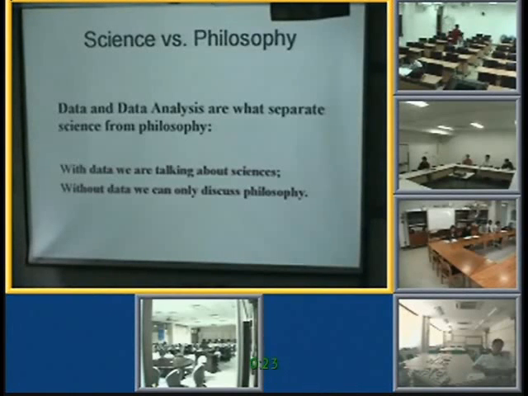Because we don't have data. Even though data does not tell the whole thing, without data, you will never really reach a conclusion that is indisputable. So, with data, we talk about science. Without data, we talk about philosophy.